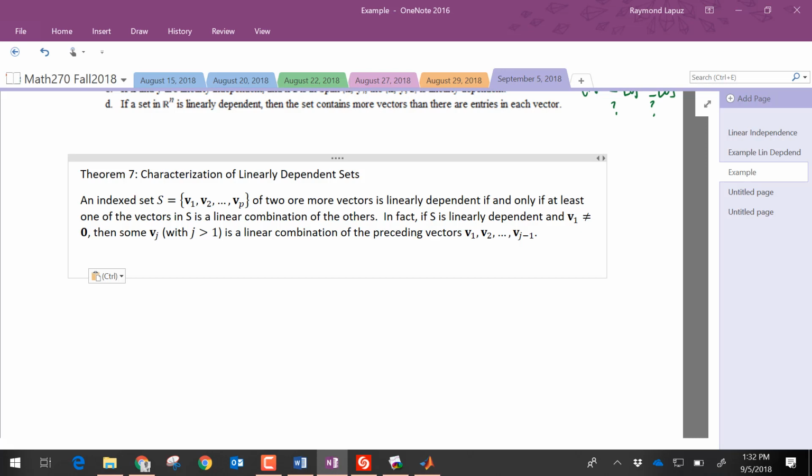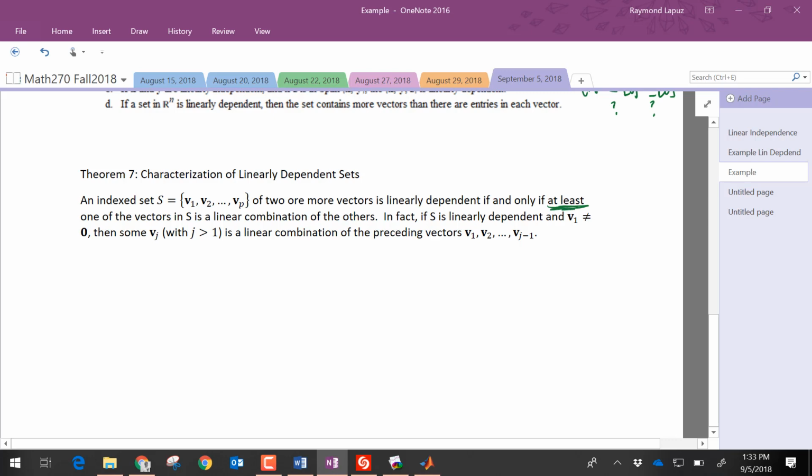So that's what Ali said. There's the word at least here, at least one of the vectors, not necessarily all of them, but you can take one of those vectors and write it as a linear combination of the other two.